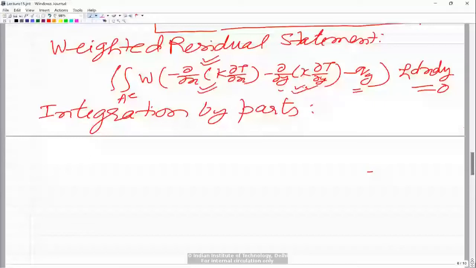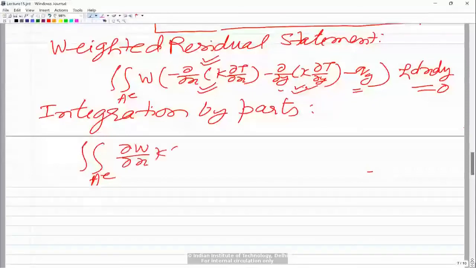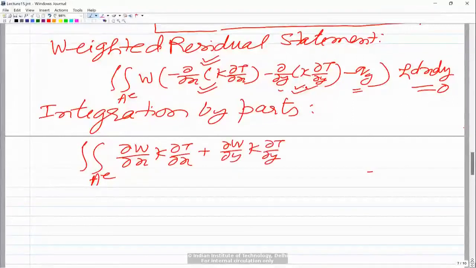Integration with respect to x will remain, so it would become a boundary integral. So when we do this integration by parts, what we get is the derivative of w with respect to x into k into del T by del x. That is the first term. The second term is del w by del y into k into del T by del y, and then of course the integration h dx dy will be there.